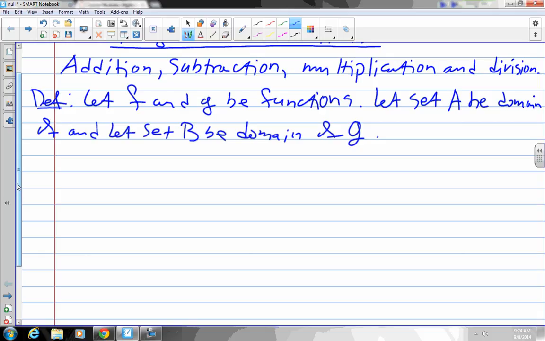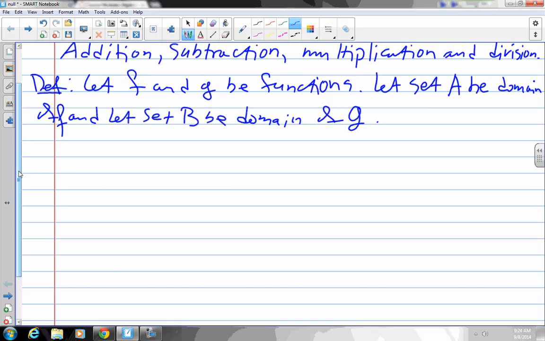Okay? So A is the domain of f, B is the domain of g.